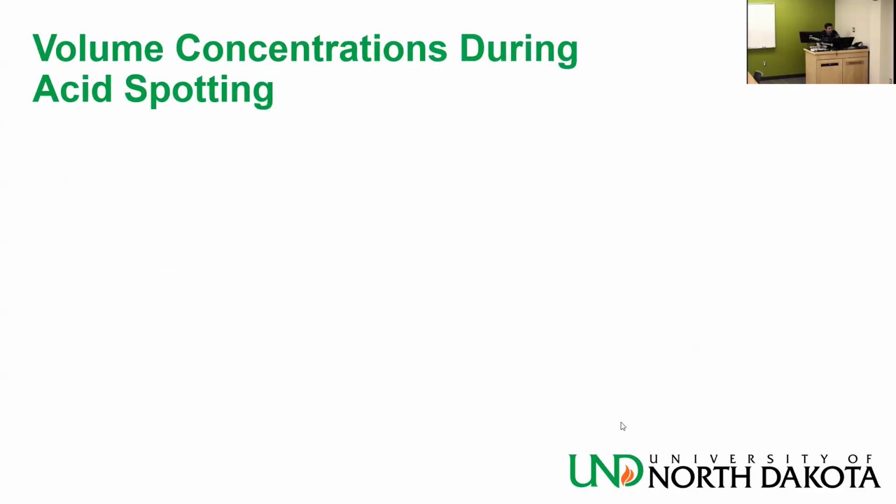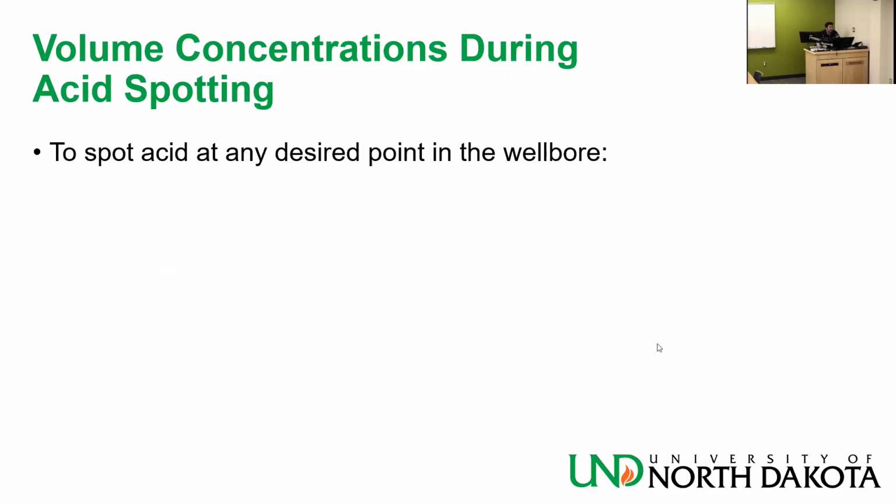Volume concentrations during acid spotting. To spot acid at any desired point in the wellbore, just like you did in the homework, this equation must be true. Volume of pre-flush equals volume of pump down plus safety factor volume plus volume of flush.